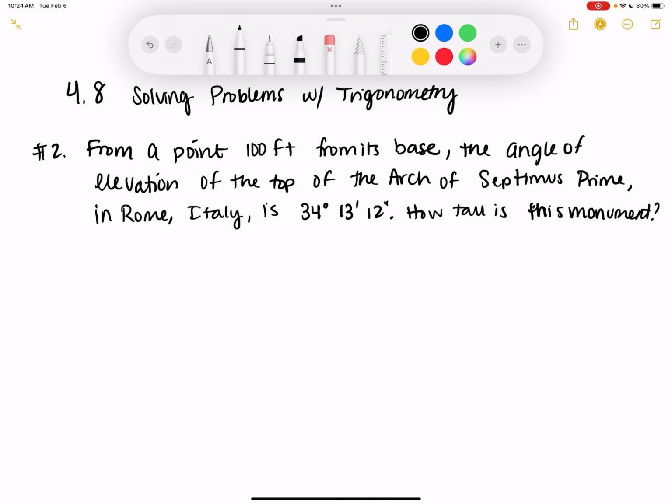Alright, so things that we know. It's 100 feet from its base. The angle of elevation is 34 degrees, 13 minutes, 12 seconds. And we're trying to find how tall is this monument. So I'm going to draw a picture.